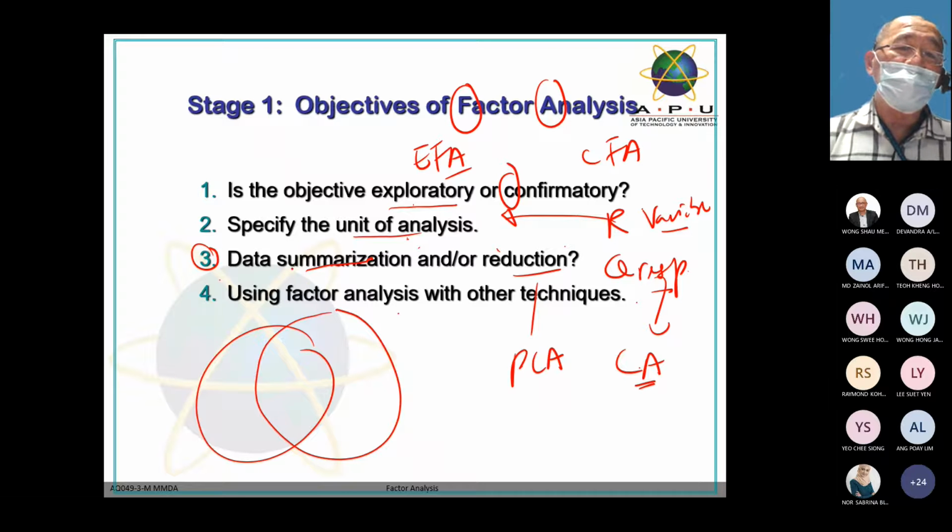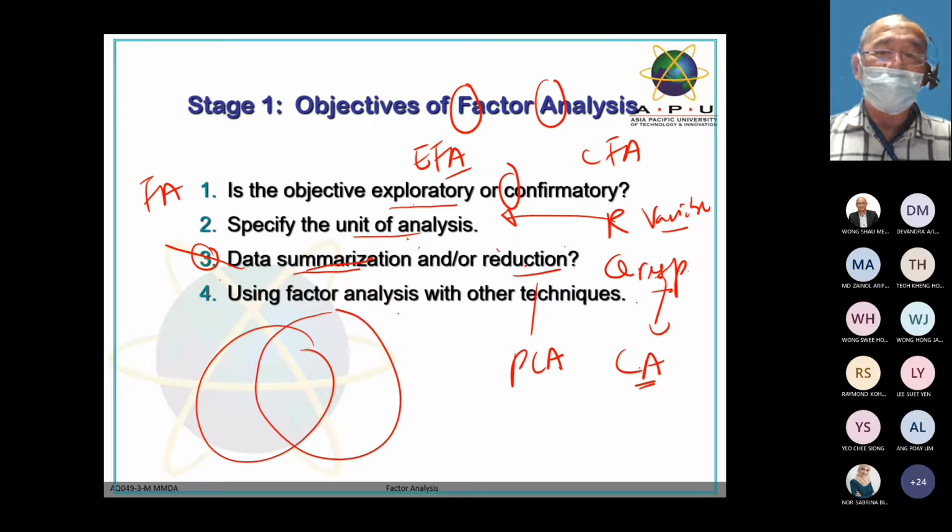The data summarization is factor analysis, and data reduction is PCA. But some key terms can still be used to differentiate these two.